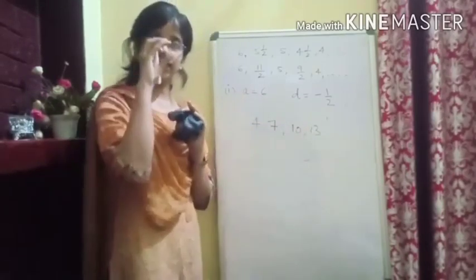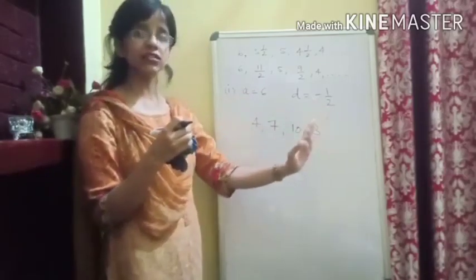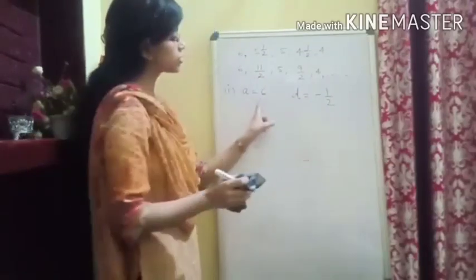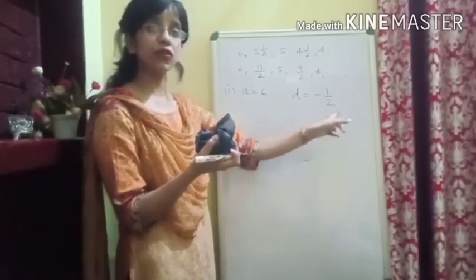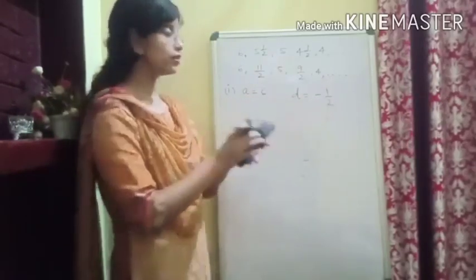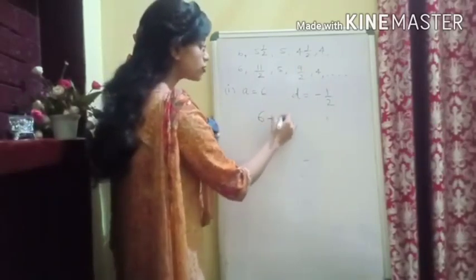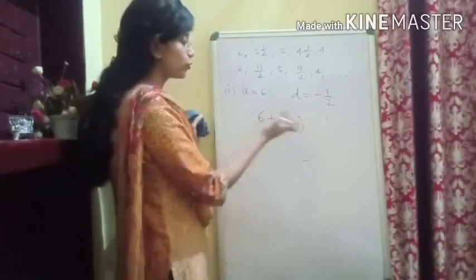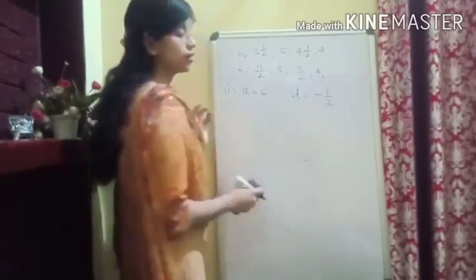That means whatever is the common difference, we have to add it to each term to get the next term. Here if I ask you what is the first term? 6. What is the common difference? Minus 1 upon 2. And every time you have to add the common difference to get the next term. 6 plus of minus 1 upon 2, that will be your next term. I hope you are getting it. Otherwise, when we move ahead, you will understand.